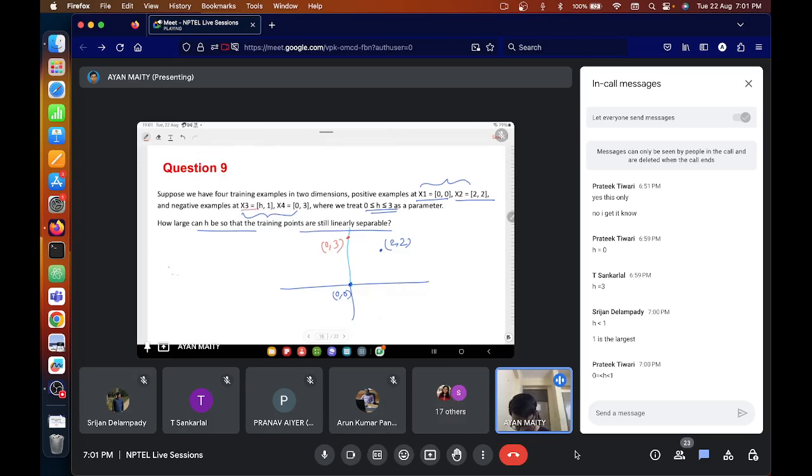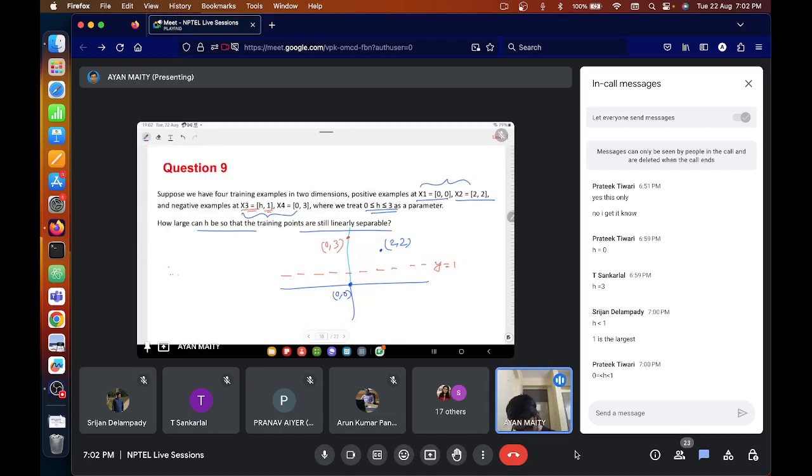x3 we don't know, but as the y coordinate is 1, it would be somewhere on the straight line y equals 1. It can be anywhere on this line because h is not known. We need the positive and negative examples to be linearly separable.